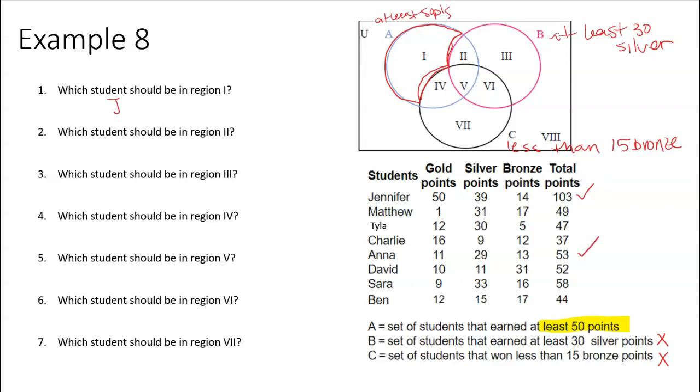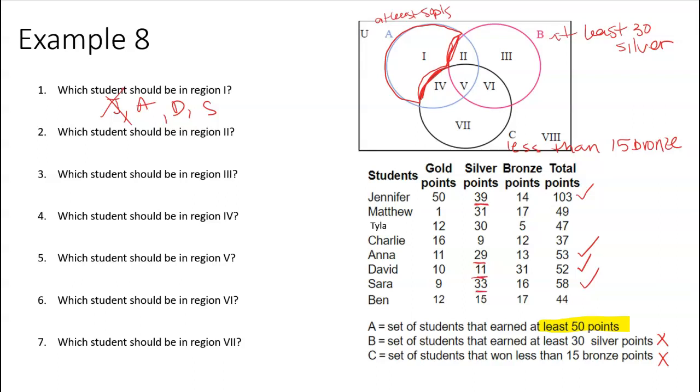It could be Anna. It could be David. And it could be Sarah. They all earned at least 50 points. But now we need to take out some things, because region 1 does not include those other 2 categories. So I'm going to cross out anyone that earned at least 30 silver. At least 30 silver, I'm going to cross out Jennifer. I'm not going to cross out Anna. I'm not going to cross out David.